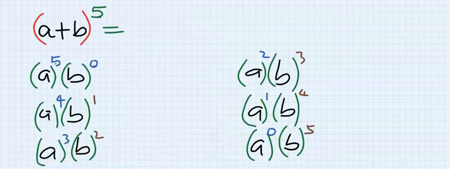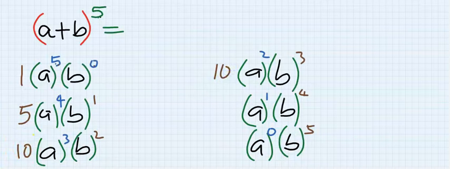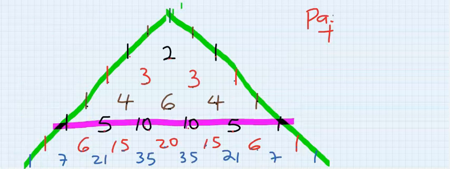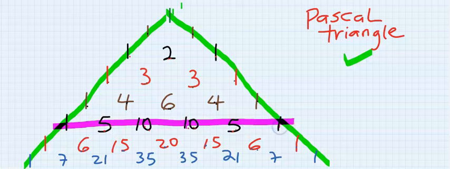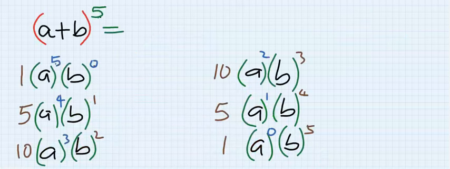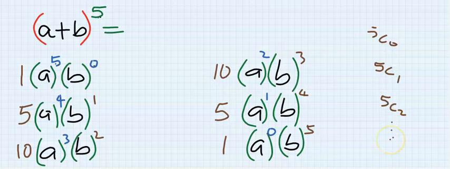So here I'm going to have 1, the next 5, the next 10, the next one was 10, we have 5, and the last one was 1. If you look at this, 1, 5, 10, 10, 5, 1. So this has replaced me saying 5 combination 0, 5 combination 1, 5 combination 2, and so on.